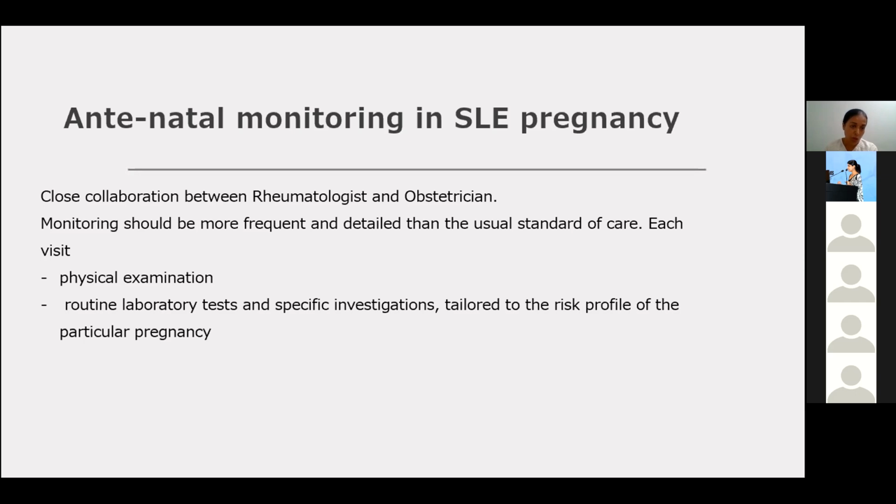There should be a close collaboration between the rheumatologist and obstetrician, and monitoring should be more frequent and detailed than the usual standard of care. In each visit, we have to do the physical examination to see whether there's any new development, and the routine laboratory tests should be done. And specific investigations also should be done according to the risk profile of the particular pregnancy.